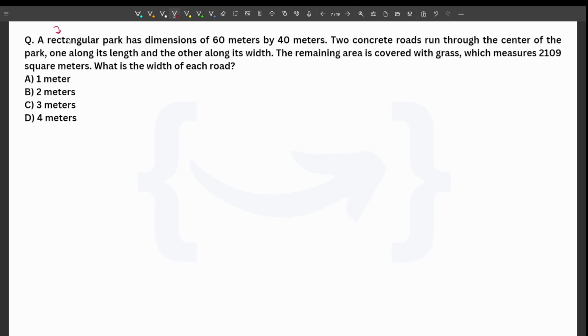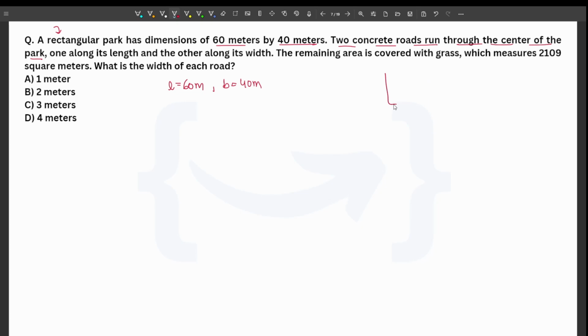So a rectangular park has a dimension of 60 meters and 40 meters. Okay, so my length is 60 meters and my breadth is 40 meters, which is length into breadth. Two concrete roads run through the center of the park.